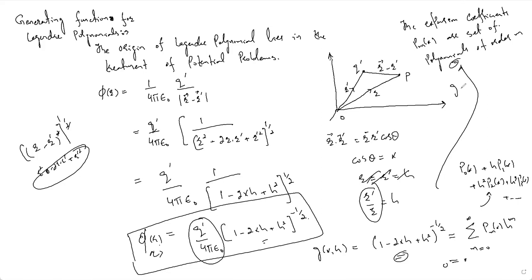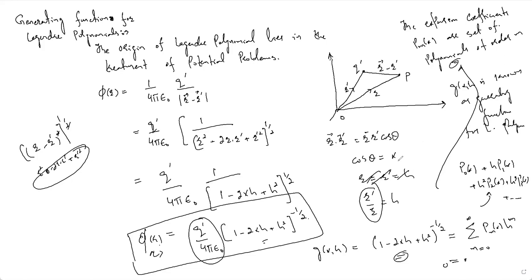And this g(x,h) is known as the generating function for Legendre polynomials.